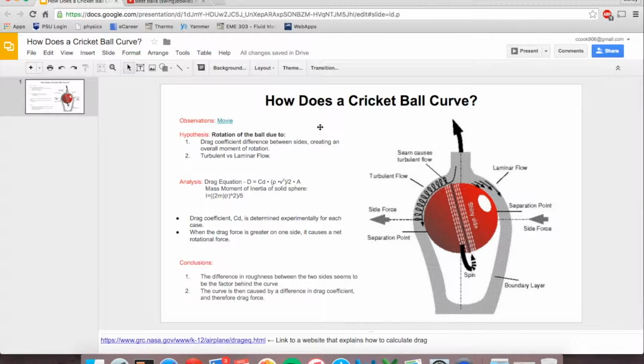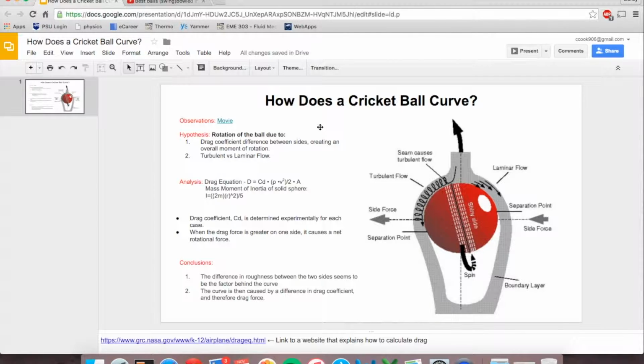This is usually determined experimentally, and it is what would determine the difference in drag force between sides, because all of the other terms in the equation would be constant across the two sides: velocity, area, and density of air in this case. So the main thing is that the difference in drag coefficients is the main factor that contributes to the difference in drag.